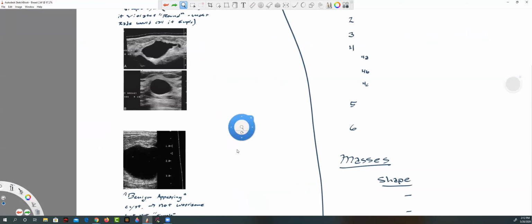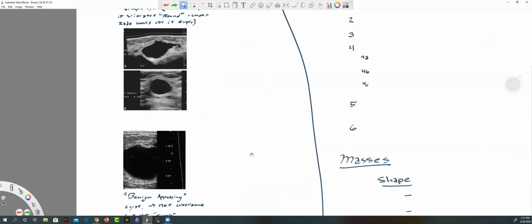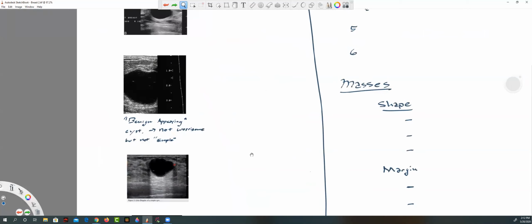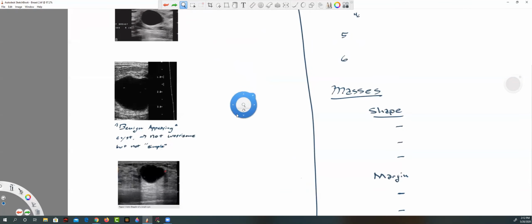Okay. You know what? I'll talk about these two, and then we'll go to the BI-RADS. Benign appearing, in quotes, is for this case. It is a cyst.